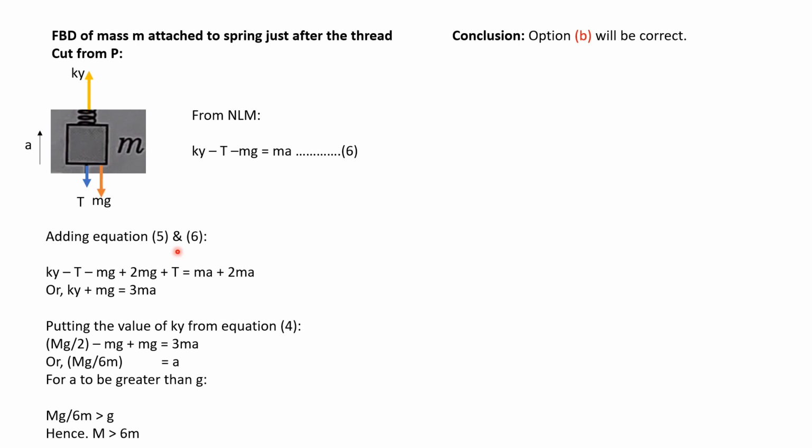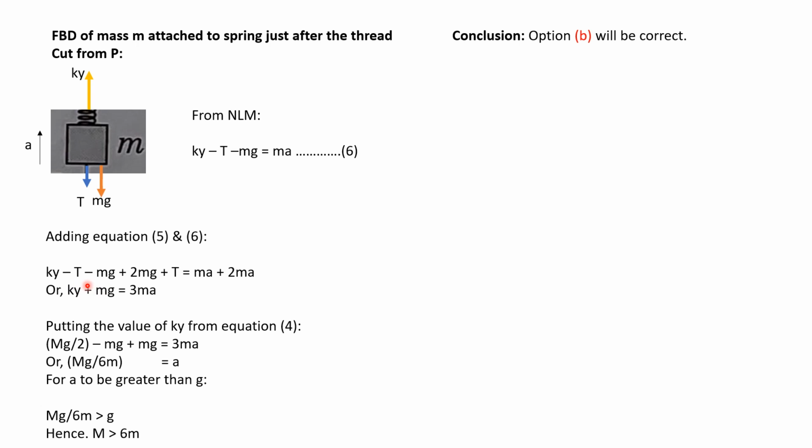So adding equation number 5 and 6: ky minus T minus mg is the 6, and 2mg plus T is equal to 2ma was the number 5 equation. So we have added these.